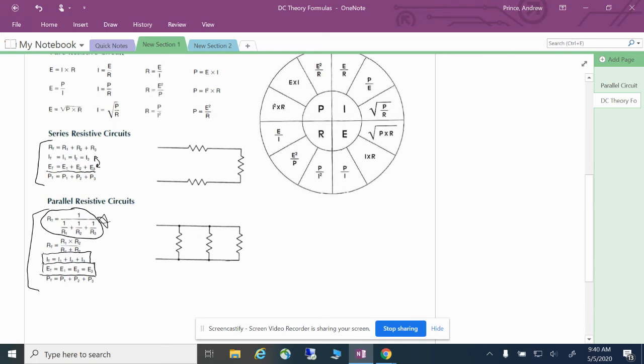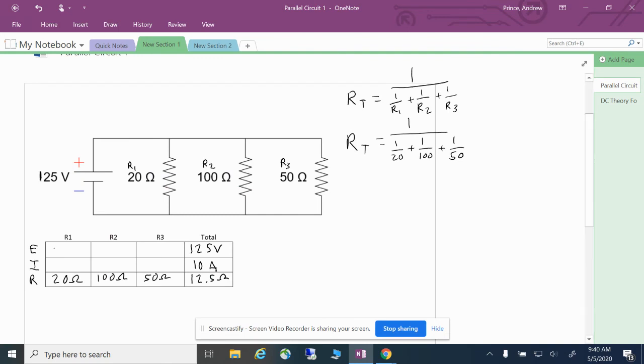So the easiest thing for us to do with that is we can just carry that over. So every single resistor sees the same voltage. So we don't even have to do any math for that one. There's a couple different orders you can go in here, but we found the total resistance first. We got the total current. Now we got two values in every category for the individual resistors.